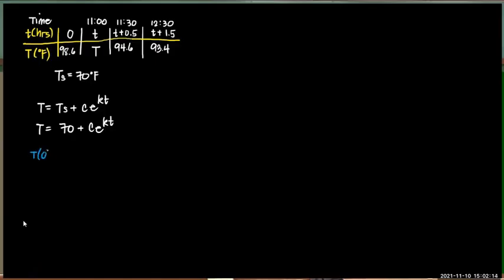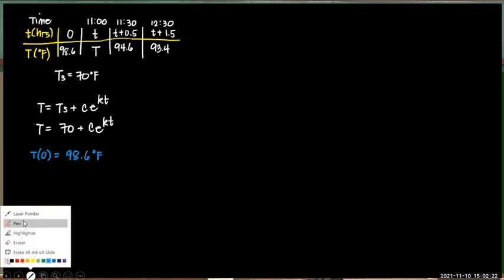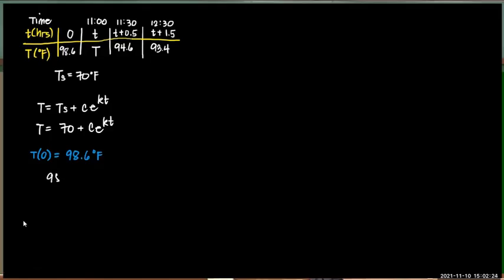That the temperature at 0, so the initial body temperature, was 98.6 degrees Fahrenheit. So I can plug that in. 98.6 is equal to 70 plus C e to the k times 0. So with this, automatically, this one is equal to 1. All right.